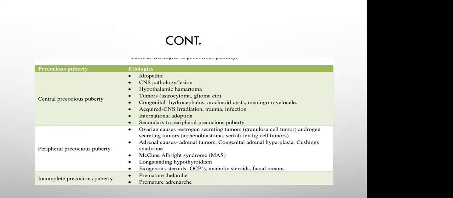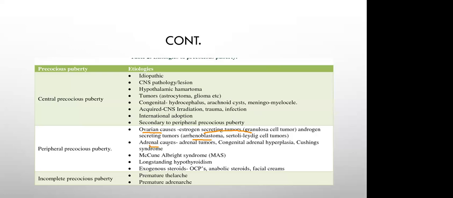One of the causes of precocious puberty is estrogen secreting tumors. It could be ovarian causes like estrogen secreting tumors, granulosa cell, or sometimes an androblastoma. It secretes both androgen and estrogen.